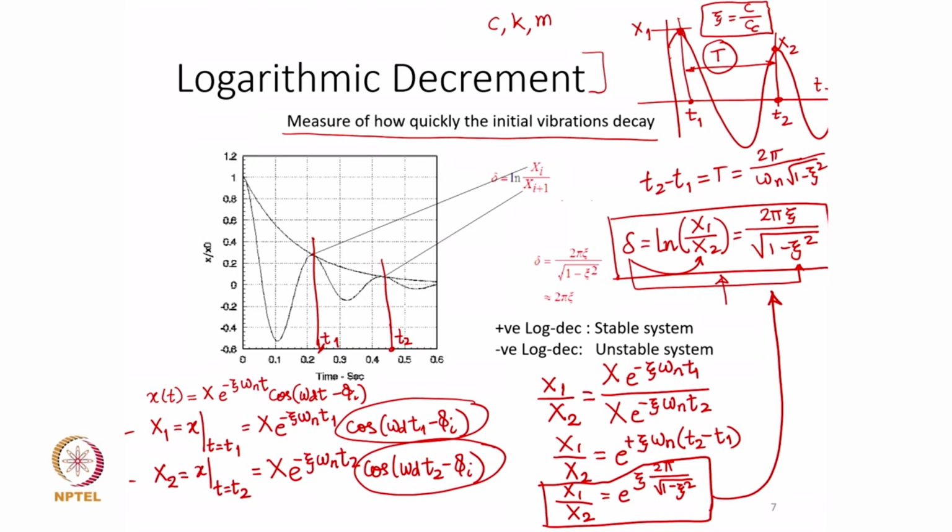So, if by some means I can perturb the practical vibratory system from its mean equilibrium position, I just perturb it at t equal to 0, either by giving it an initial displacement or an initial velocity, and it vibrates on its own in free vibration response, and if I can capture that response using some sensor, which means that I am now talking about vibration measurements without knowing what mass the system has, what damping the system has, what stiffness the system has, right.